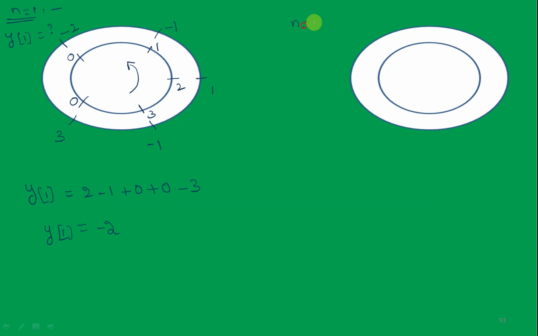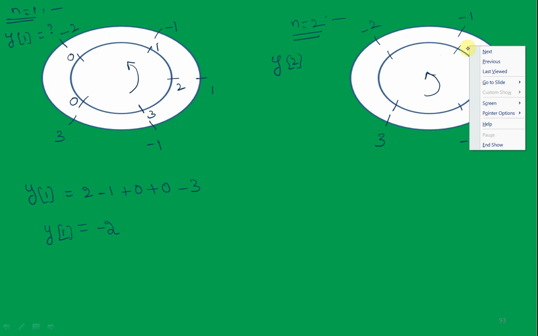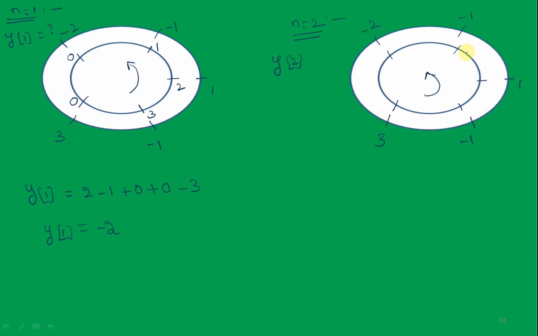At n is equal to 2, determine the y of 2 value. Place the outer circle fixed values, and in the inner circle rotate again.